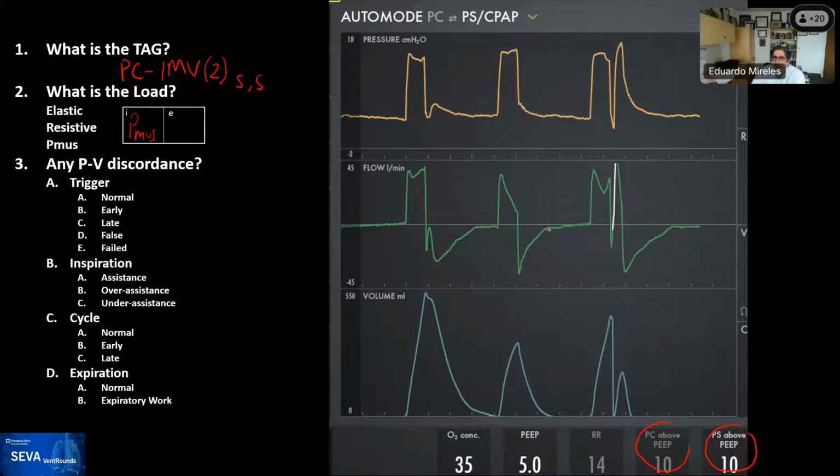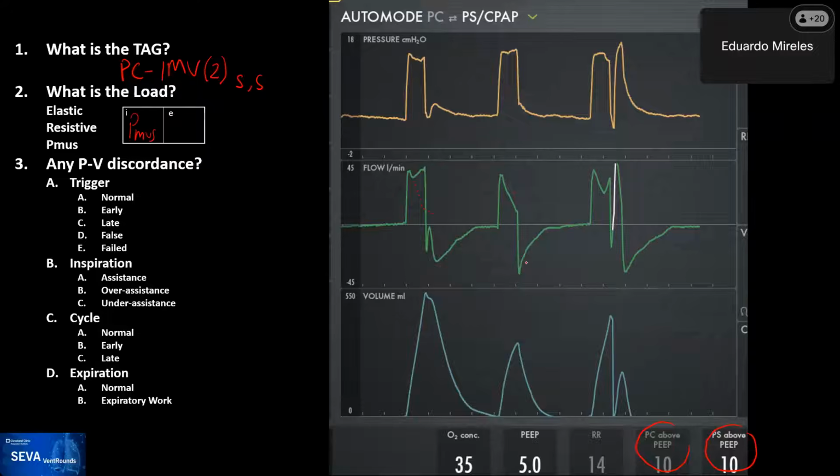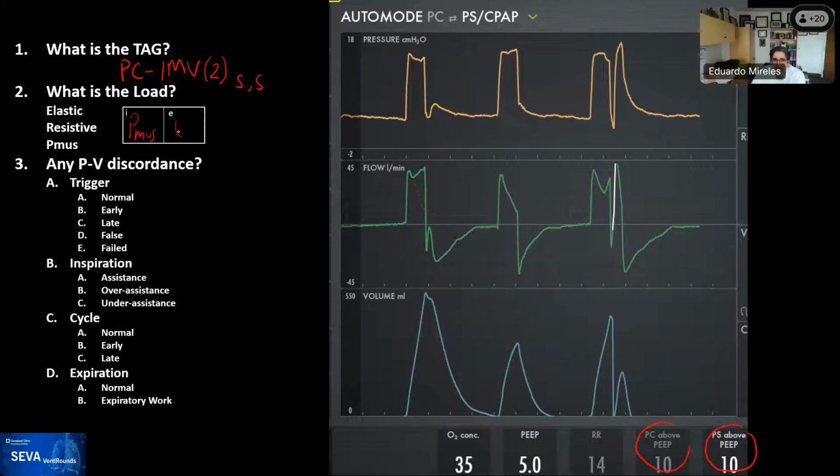Okay. So remember, sometimes you will not be able to see it in some breaths, but you will be able to see it later on in other breaths or in other areas, and that can help you figure out what it is. So in terms of PV discordance, what do you think is going on in terms of trigger? Is it normal, early, late, false, or failed?